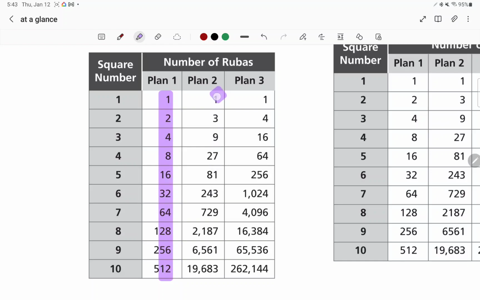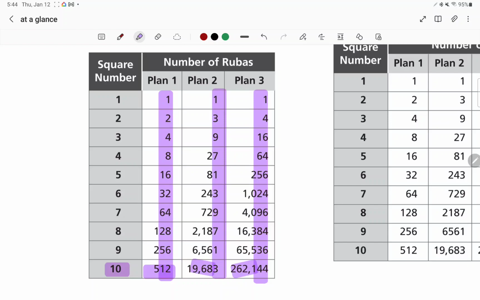Plan 2, the one the king said he would do, only has 16 squares. And plan 3 only has 12 squares. So you can see plans 2 and 3 seem to grow a lot faster, because on the 10th square, compare the values, right? That's what we're supposed to do on number 1: fill that out, 1 through 10.